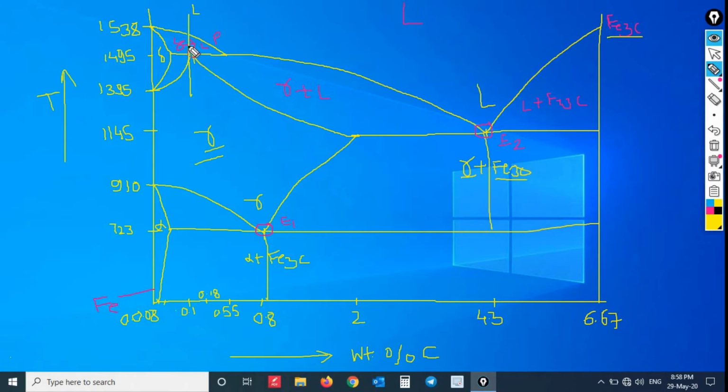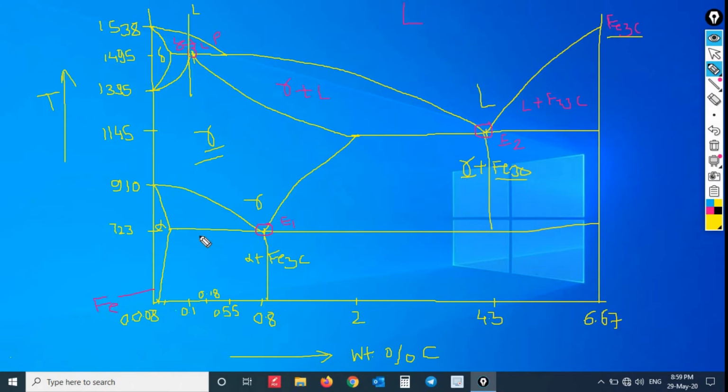At the peritectic reaction, what happens? Your delta plus liquid gets converted into gamma. Means one solid and one liquid, after solidifying, converts into austenite, a solid. At the eutectic reaction, which occurs at 1145 degrees Celsius and 4.3% of carbon, liquid converts into gamma plus Fe3C.